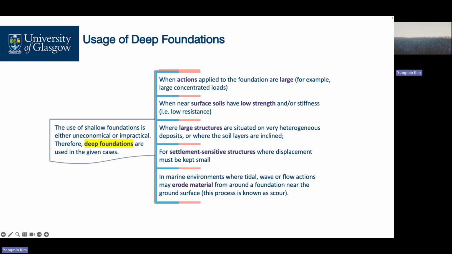Or the government plans to build mega buildings, like Marina Bay Sands. In that case, we can consider deep foundations. And also, we expect settlement-sensitive buildings, for example semiconductor buildings and data centers. In that case, we need a strong foundation system.